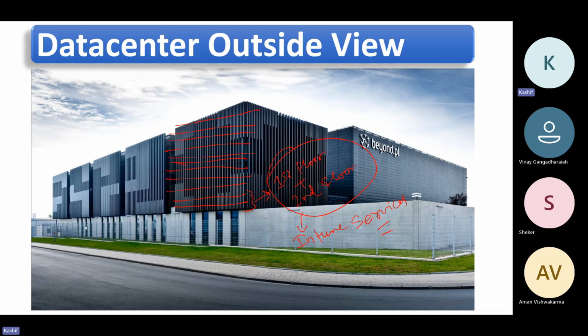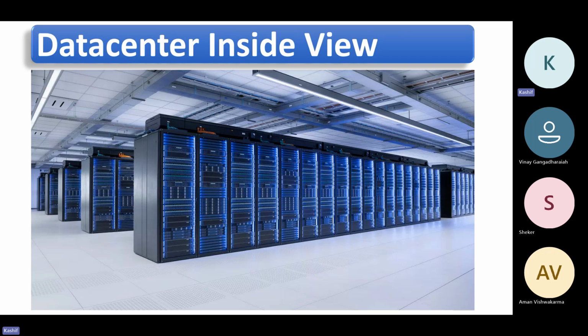Now let's see the inside view of the data center. This is the inside view. So how will the data center be configured from inside? Like this. So you have containers. Okay, so you have various containers. Now in these containers, you have various racks. As you see, you have racks, right?